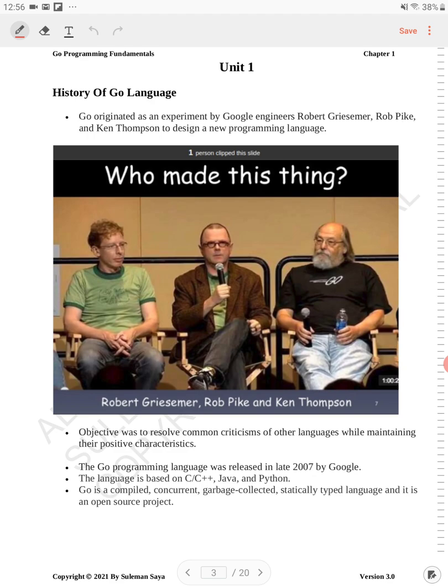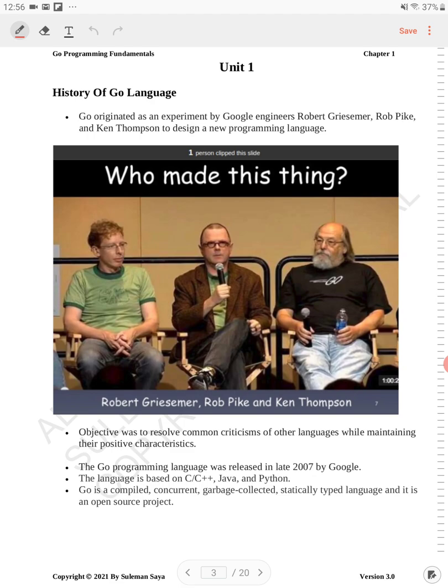Initially, Ken Thompson is an American pioneer of computer science. Ken Thompson and Rob Pike worked at Bell Labs, and they were involved in the development of Unix. Robert Griesemer is one of the initial designers of the Go programming language.